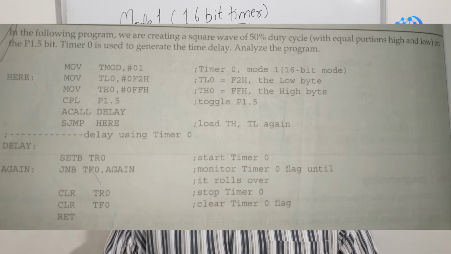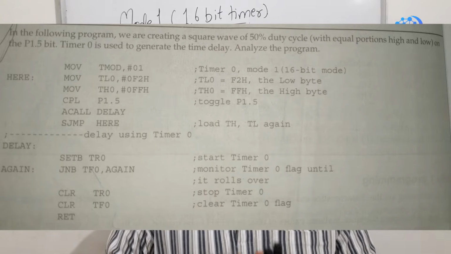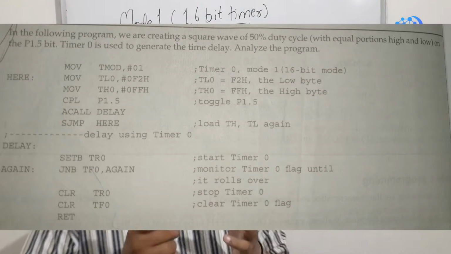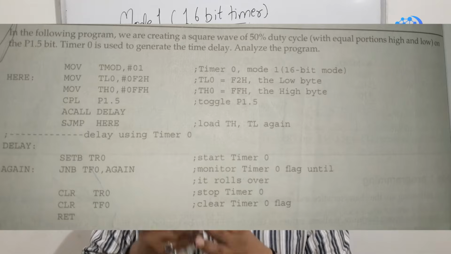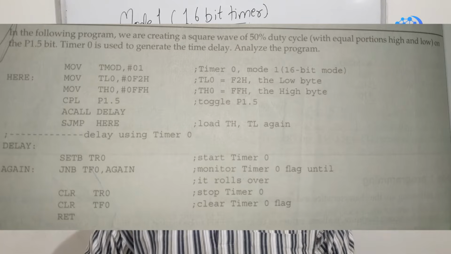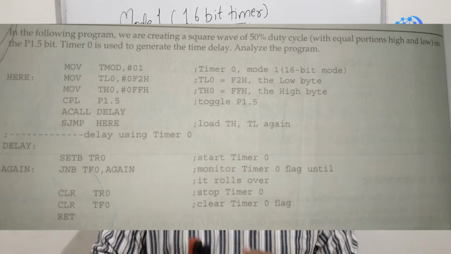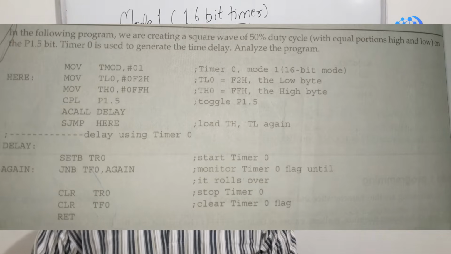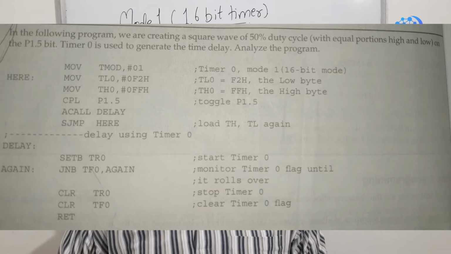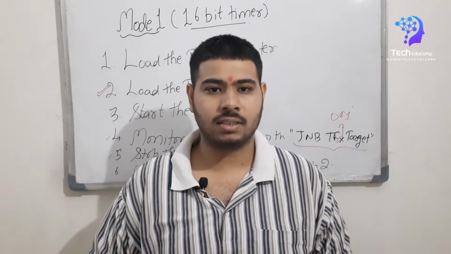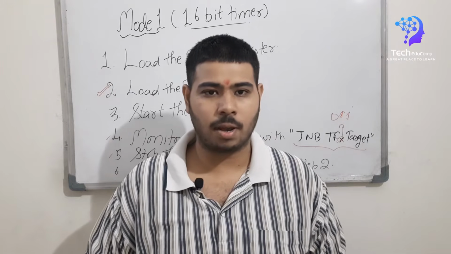Then the TF flag is raised. Using this instruction on the TF flag, our timer is stopped, and using the clear instruction we have cleared the TF flag, and we have repeated this process. So this was a small example of programming in mode 1.